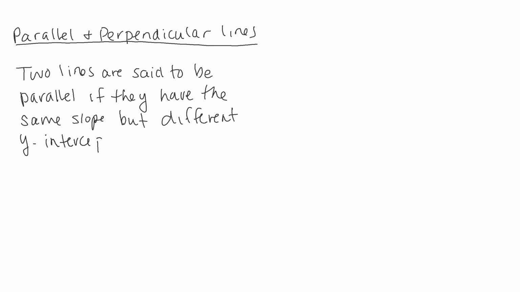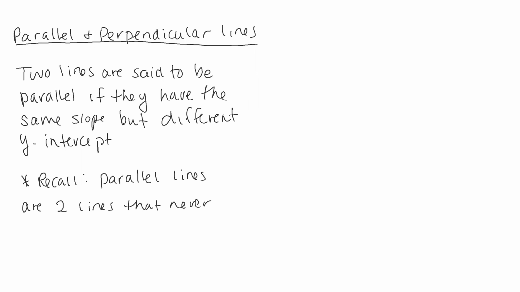Now, in case you don't recall, parallel lines are two lines that never intersect. So in case you forgot that basic piece of information, just remember two lines are parallel if they never intersect. As far as linear equations in two variables is concerned, two lines are said to be parallel if they have the same slope but different y-intercepts.